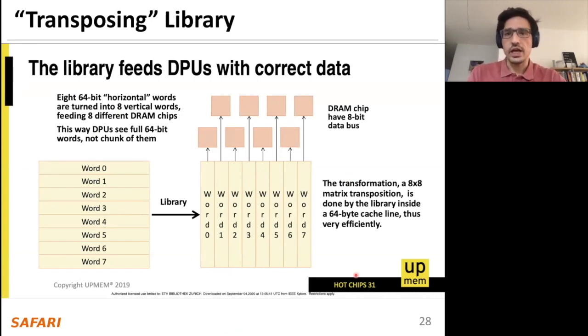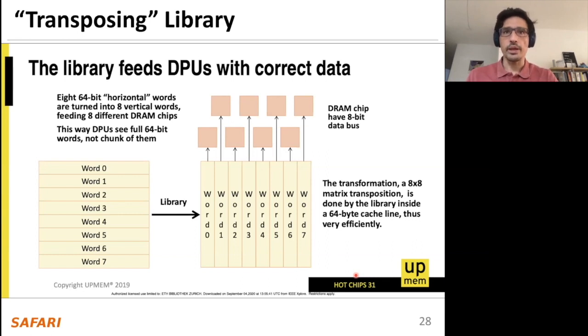Okay, one thing that you may be thinking is how is this data moved from the main memory to the MRAM? Because you have already seen the DIMMs, you have seen multiple chips there, and within each chip we have one or many more banks, and you are already familiar with the conventional data mapping onto DRAM memory. So you know that usually this mapping is horizontal, meaning that consecutive words are in consecutive positions in DRAM rows, and these rows actually span multiple chips.